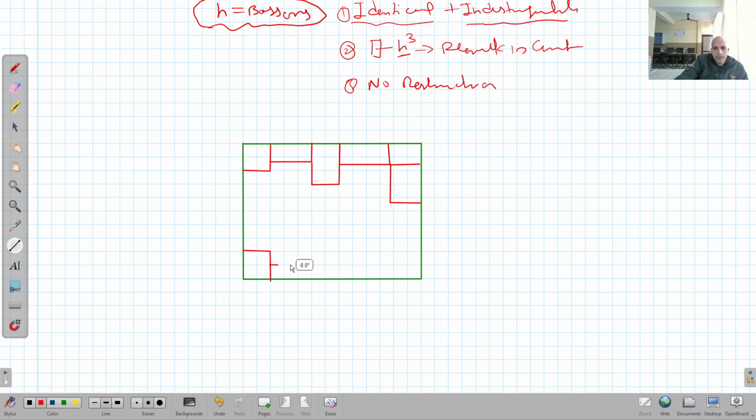Clear? This is k minus 1. So all these compartments are numbered as compartment number 1, 2, 3, 4, 5, 6, up to k minus 1, and this is k. Clear? So I divided the given space into different compartments.